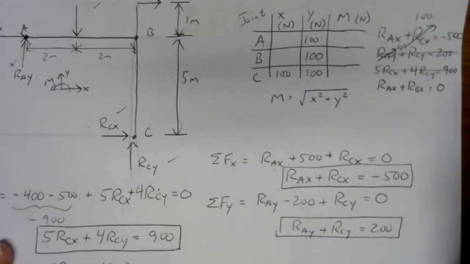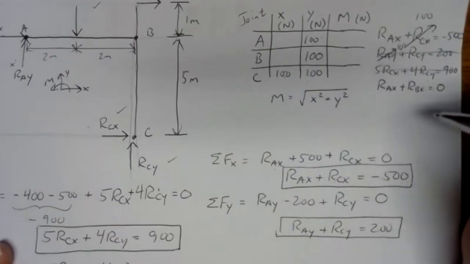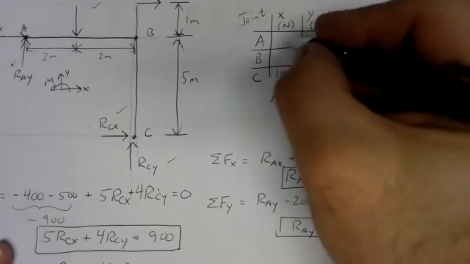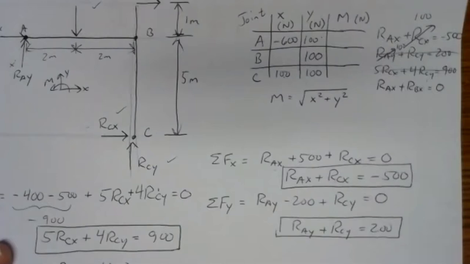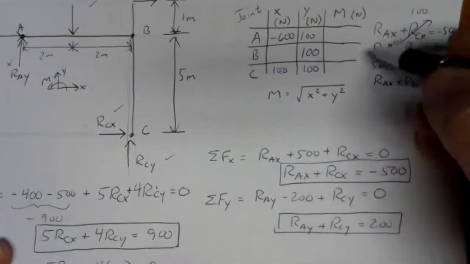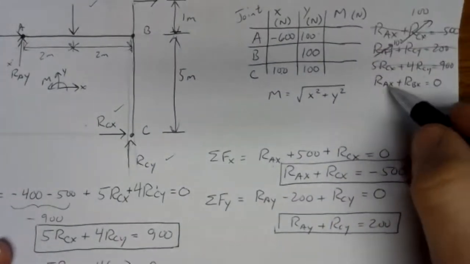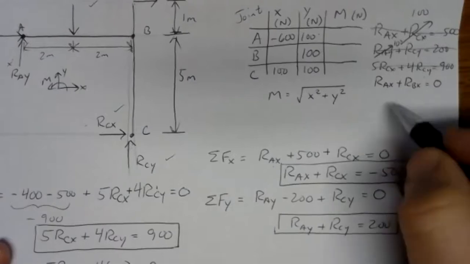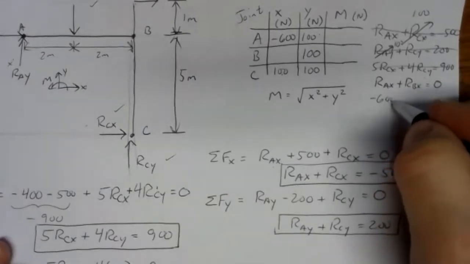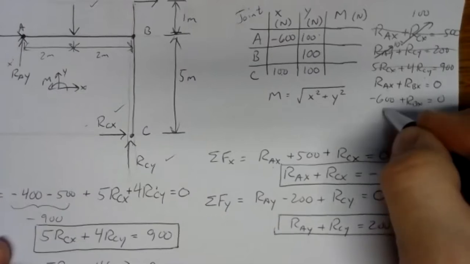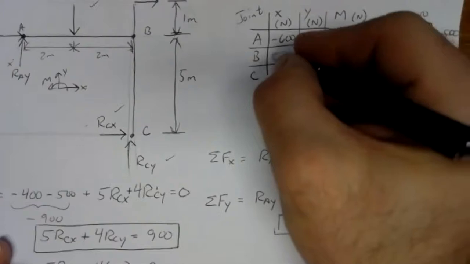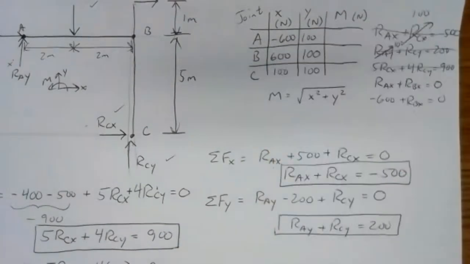And if we subtract that 100 from both sides, RAX is a negative 600. So RAX is a negative 600. Now we can finally go to our last remaining equation, RAX plus RBX equals 0. Well, RAX is negative 600 plus RBX equals 0. Well, the only thing we can add to negative 600 and get 0 is positive 600. So RBX is a positive 600.